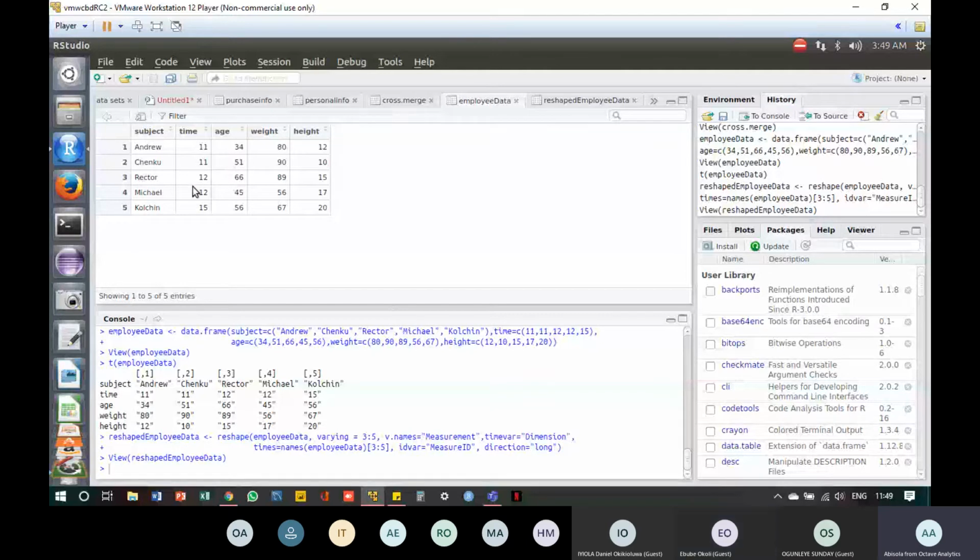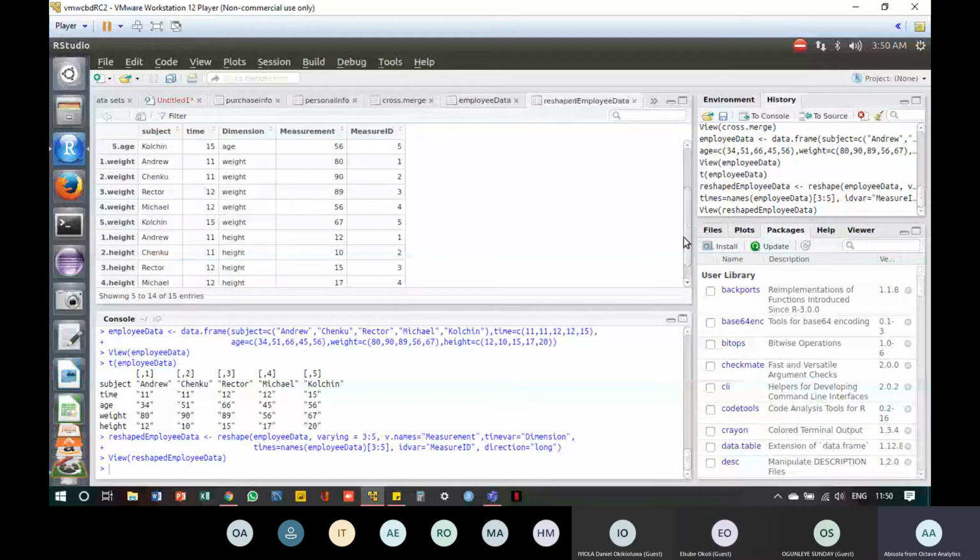Just check your x and your y and look at the dimension that is being considered. So 2 to weight, we want time under 2 to weight, it's 11. 2 to height will also give us the same thing under time, 11. So let's check 2 to height. 2 to height, 11. Do you understand?